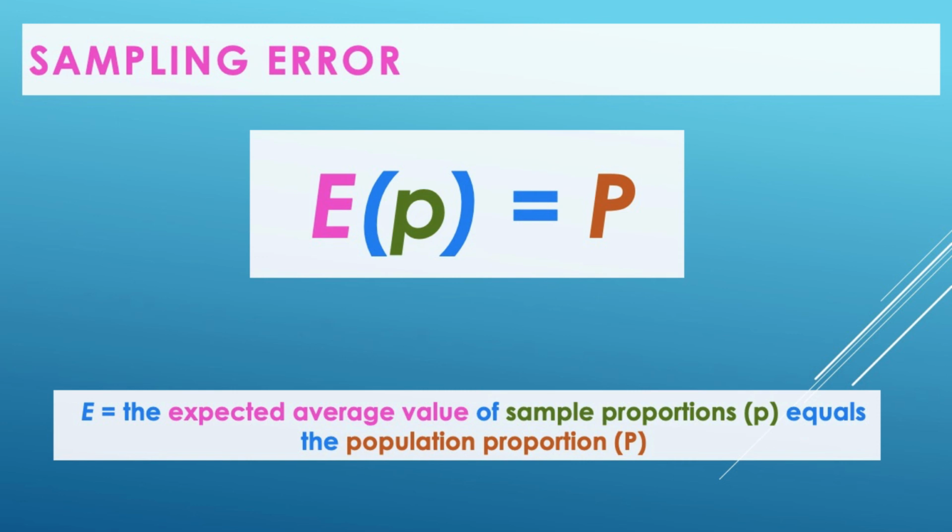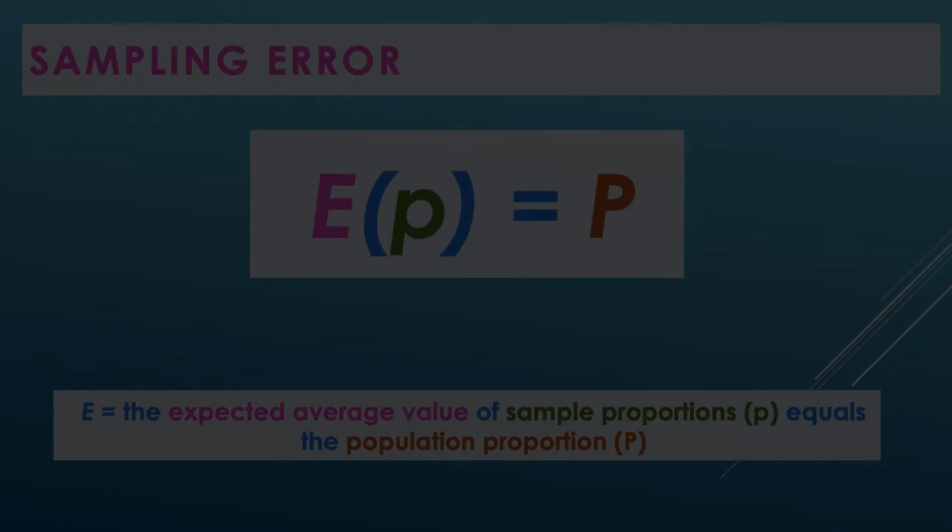So this is a theoretical equation that tells us with repeated sampling, we expect the average value of repeated samples to eventually equal that population proportion if we were to conduct those samples infinitely.